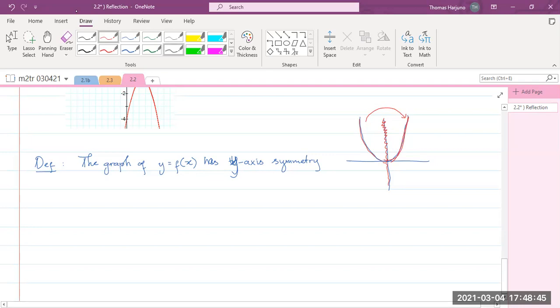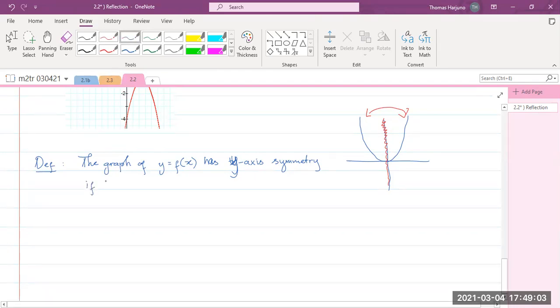Okay. Or another way to say it, it has y-axis symmetry if you reflect that with respect to the y-axis, you get exactly the same graph.